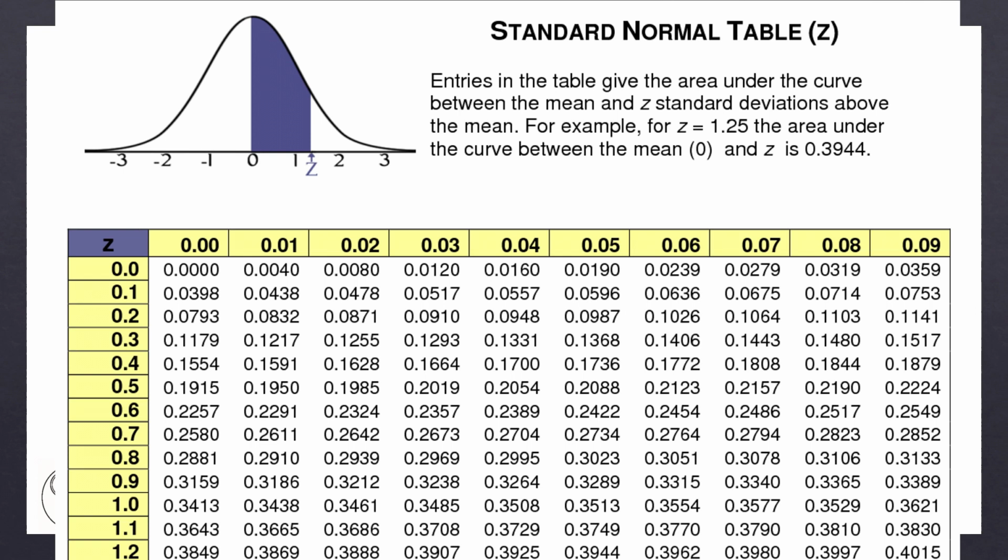Ang pinakaunang column at row ay naglalaman ng ating z-score value, kung saan ang ating z-score value ay rounded off sa 2 decimal places. The first column indicates the whole number and the value of the first decimal place of our z-score.